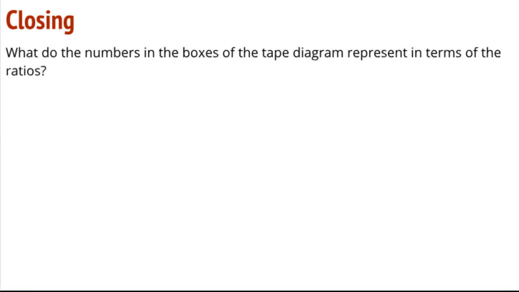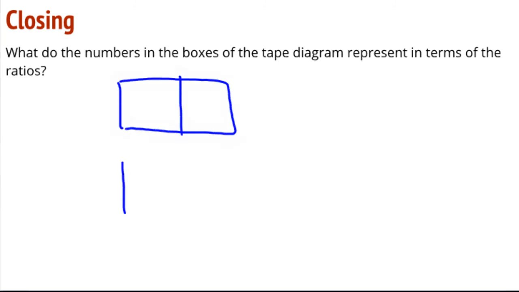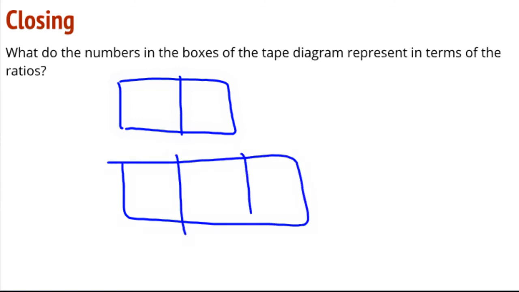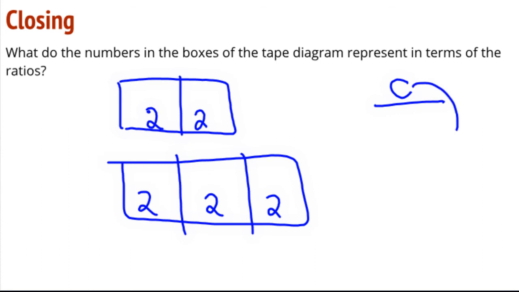What do the numbers in the boxes of the tape diagram represent in terms of the ratios? So we have 2 to 3, and we were putting numbers in the boxes. Now hopefully by now your brain has said, hey, the numbers in the boxes represent that little c, that number that we are multiplying by, which we might also call a constant. But that's a little bit of brain busting at the moment.